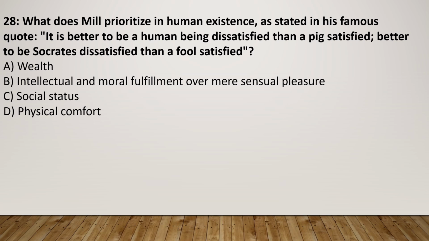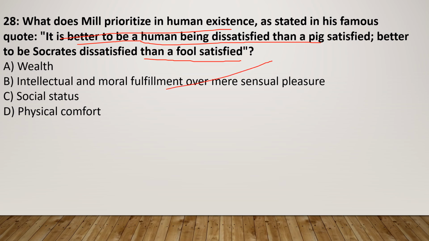What does Mill prioritize in human existence? As stated in his famous quote, it is better to be a human being dissatisfied than a pig satisfied. Better to be Socrates dissatisfied than a fool satisfied. It is intellectual and moral fulfillment over mere sensual pleasure.